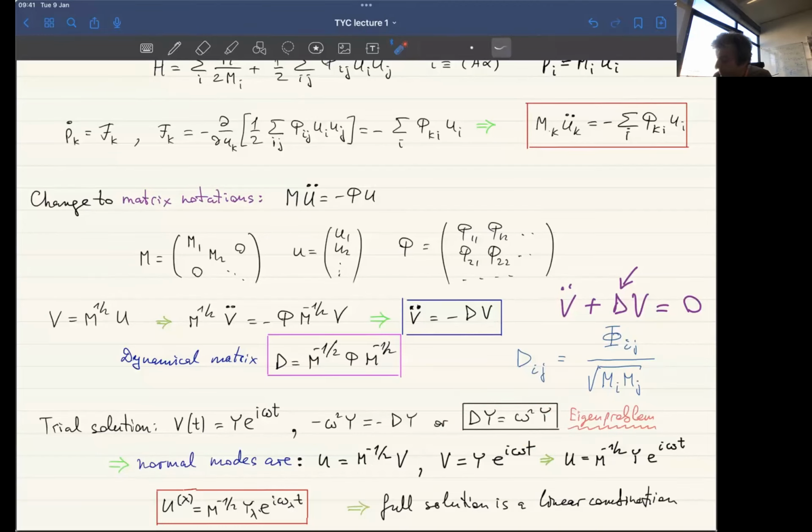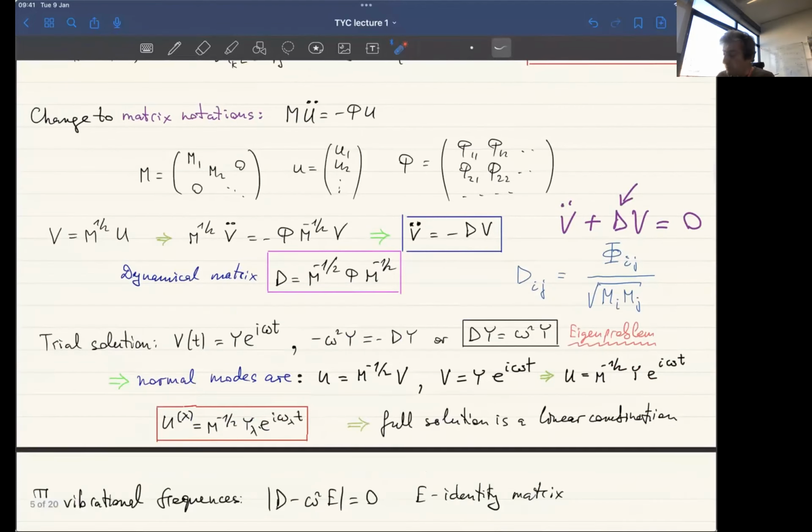So you can see that these vectors Y, which appear as prefactors to the solution, are eigenvectors of the dynamical matrix, and omega squared are the eigenvalues corresponding to the particular eigenvector of the dynamical matrix as well.